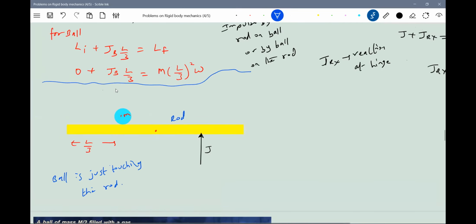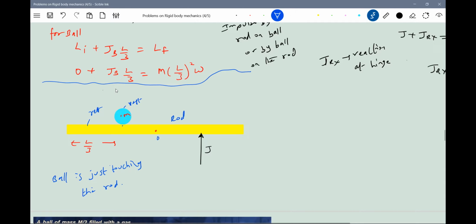No. What will the conditions be? I think you can see only this. Initially they were at rest. So what is the state of the rod? The rod was at rest, and the ball will also be at rest here. So the moment you apply the impulse, what is the tendency of the rod? Is the rod free to move? Yes, the rod is free to move. So will it rotate about O?